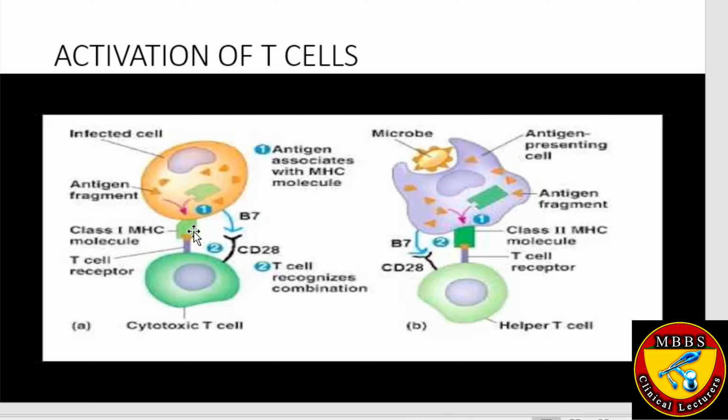Then this complex of MHC1 and viral protein is recognized by the T cell receptor of the cytotoxic T cell and attached and becomes activated. So this is the process of the activation of the cytotoxic T cell.